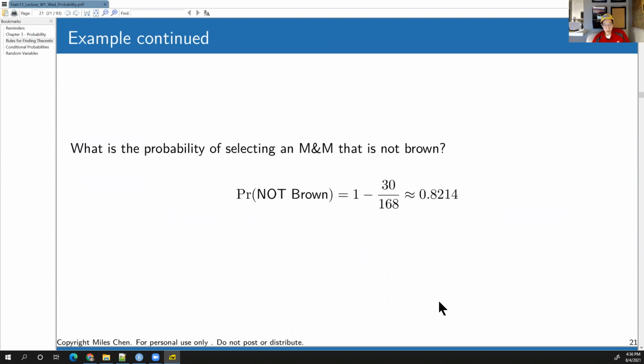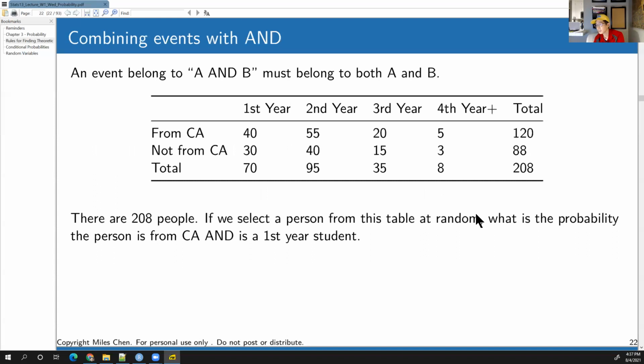And then if we ask, okay, well, what's the probability that you get a piece of candy that's not brown? Well, you just do 1 minus the probability of brown. So the probability of brown is 30 over 168. 1 minus that, okay? So that would be 138 over 168, or 82%, something around there. So far, so good? Great, okay.